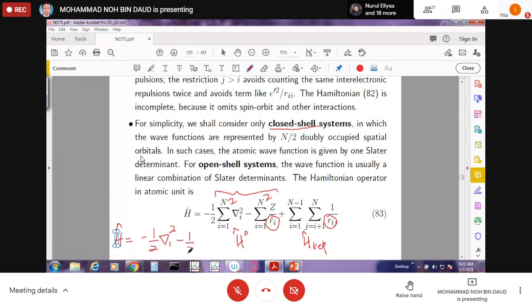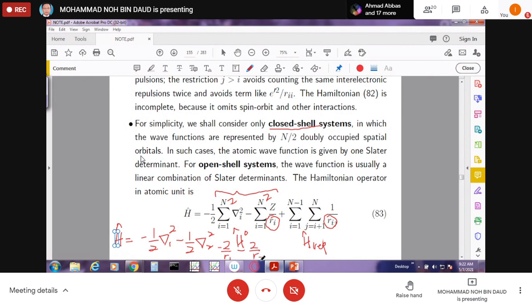Kinetic energy for electron 1, kinetic energy for electron 2, and then the potential energy of attraction, where Z here is 2 for helium.